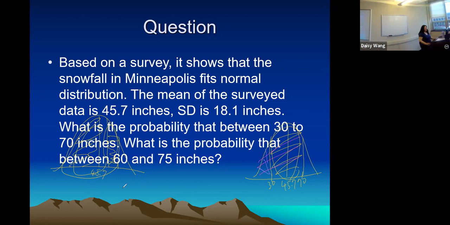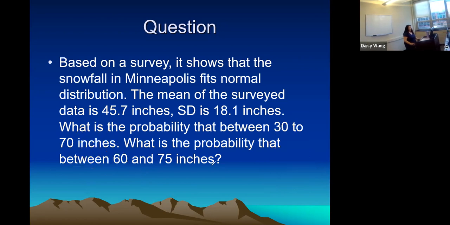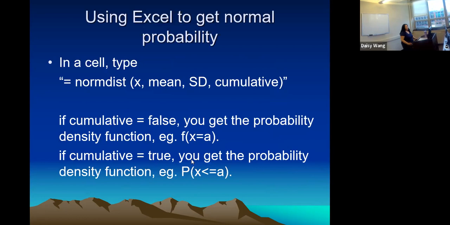Does it make sense? We can use the Excel NORM.DIST function: the X, then the mean, standard deviation, cumulative or not. In this case, we need cumulative. So we get the whole area first minus the second.